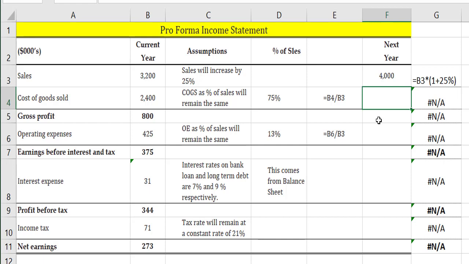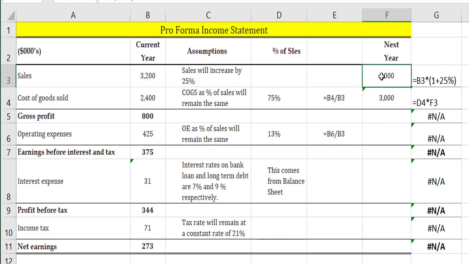In order to compute that, what do we need? In the current year, 75% of sales goes towards cost of goods sold. Therefore, 75% times next year's sales gives us the cost of goods sold for next year.